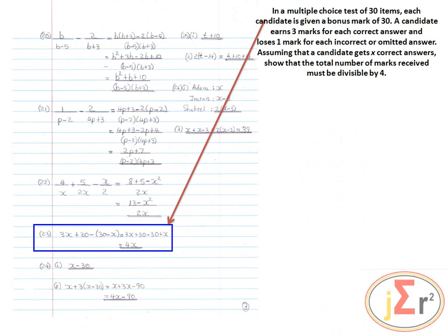Here we have a problem, of course an applied problem, the same kind of problem that we call a worded problem. Let us go ahead and see what the problem is saying in its entirety. In a multiple choice test of 30 items, each candidate is given a bonus mark of 30.